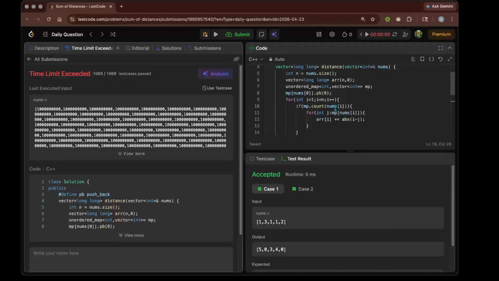So we got best as 2, 2 plus the difference that is 1, 3. So 3 from previous indexes.